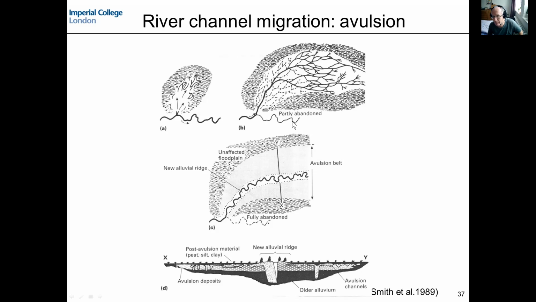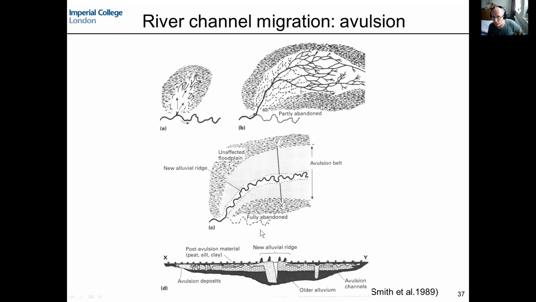It becomes partly abandoned. And at some point, if that process repeats, when the river is out of flood, it just stays in this new position. It reuses and occupies maybe the largest of these crevasse channels, and that then becomes the new channel position.